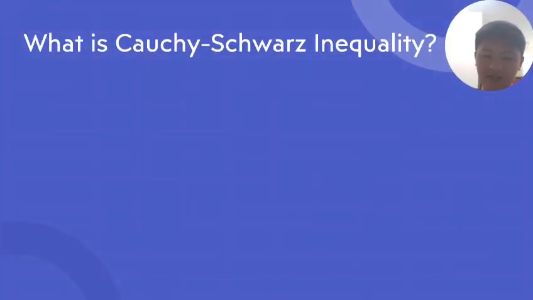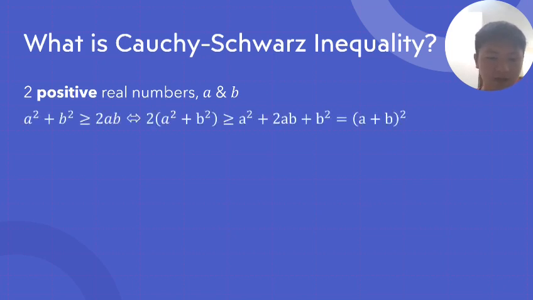Firstly, what is the Cauchy-Schwarz inequality? Let's consider the case of two positive real numbers, a and b. We have a simple inequality: a squared plus b squared is larger or equal to 2ab, which also means that 2 times (a squared plus b squared) is larger or equal to a squared plus 2ab plus b squared, which is (a plus b) totally squared.